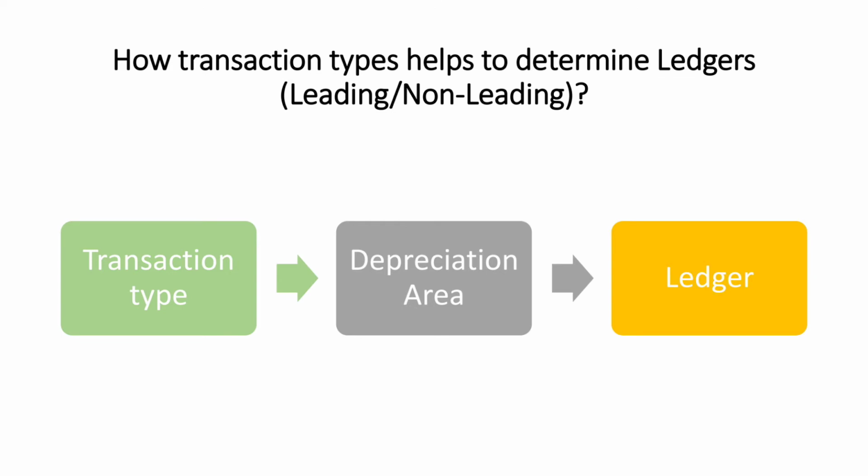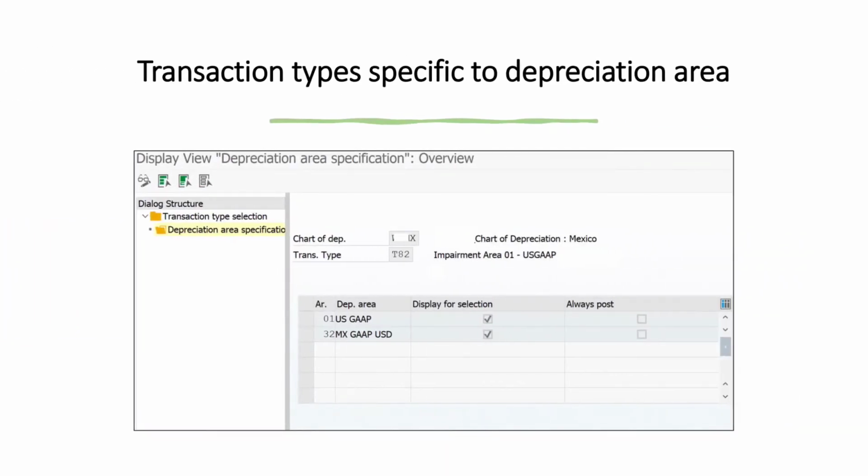Now if a user wants to post unplanned depreciation only in the US GAAP ledger, then you have to configure a new transaction type, for example Z40, and restrict it to the US GAAP depreciation area level in transaction code OAYA. Let's see the previous slide of OAYA. Here you can see that transaction type T82 is restricted to depreciation areas 01 and 32.